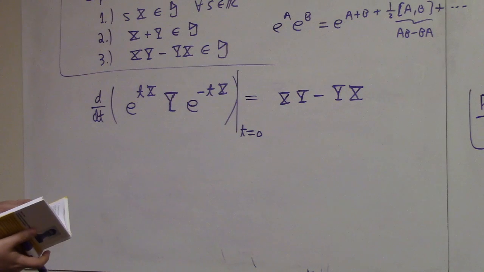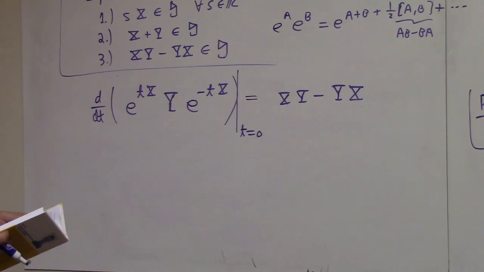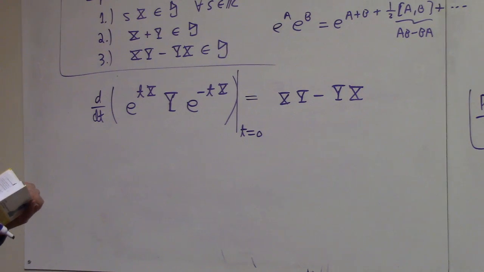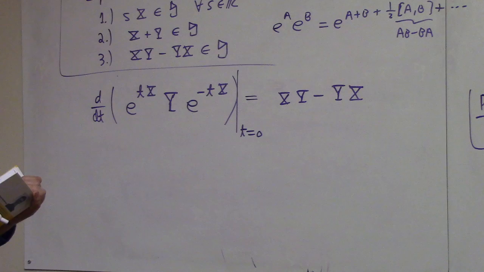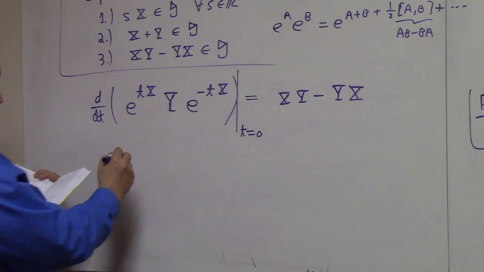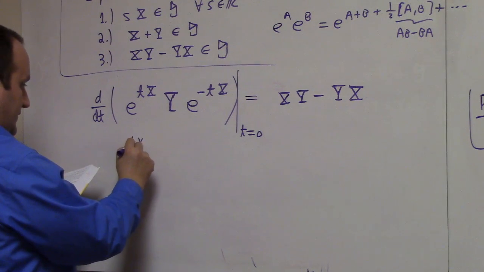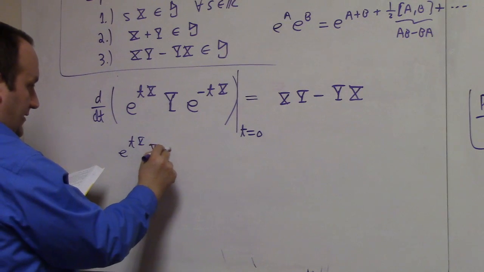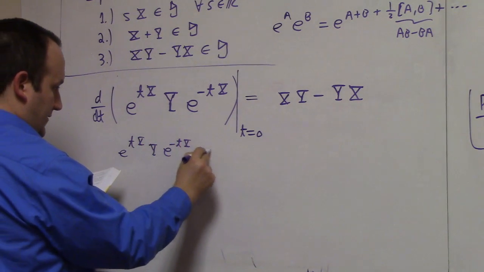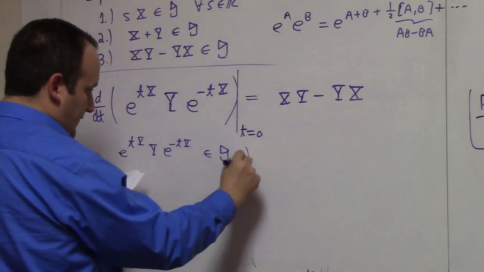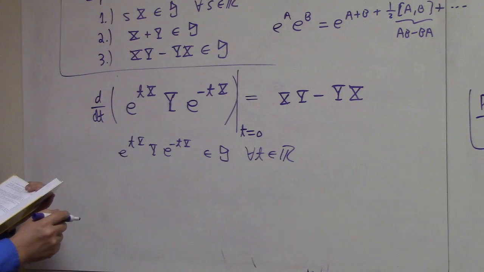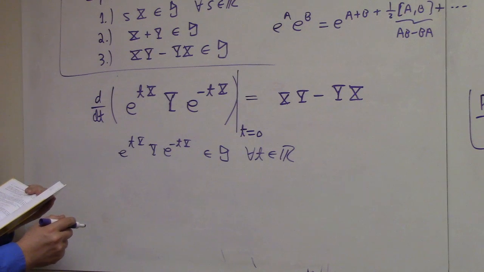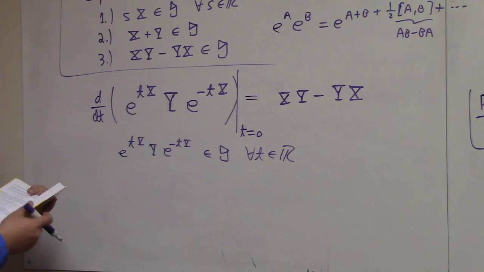He says by proposition 2.17 that e to the tx y e to the minus tx is an element of G for all t in the reals. Furthermore, we have by points 1 and 2 established that G is a real subspace.